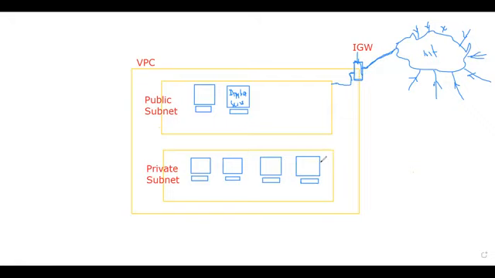But if you do need devices on the private network to be able to access internet, how can you achieve that?